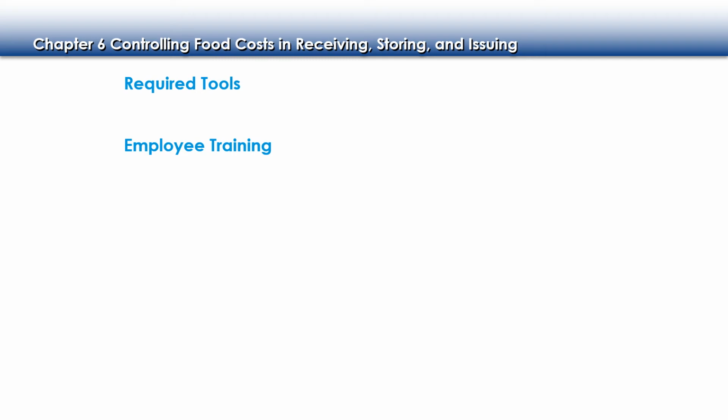And all of this has to do with some training that's involved. It's really important to train those people, because oftentimes it might seem like common sense to receive orders and put them away, but oftentimes steps can be overlooked. And so it's really important that the people who are receiving actually have been trained to do so.